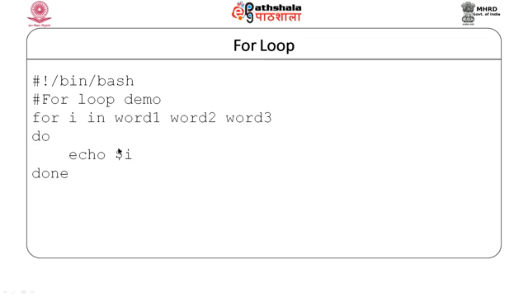When the loop iterates the second time, I will take another word, the value of word 2, and word 2 will be echoed. And finally, in the output you can see word 3 for the last iteration. So, this is how for loop can be used, and you can see it is different from while and until loop. These for loops are also different from traditional languages like C, C++.